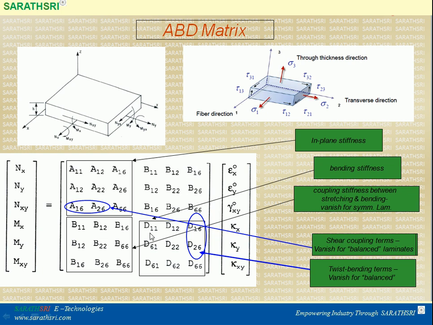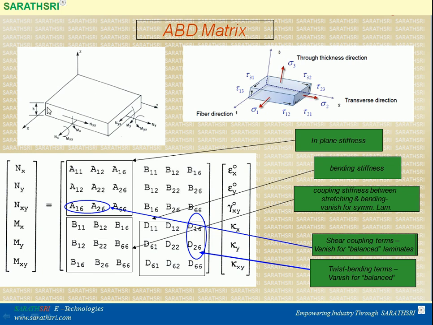The D matrix is the flexural stiffness matrix, and D16, D26 relate the bending moment to twist. If you have a symmetric and balanced laminate, some of these terms will go to zero, which we will discuss in the subsequent slides.